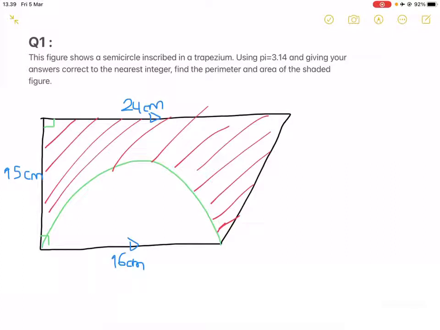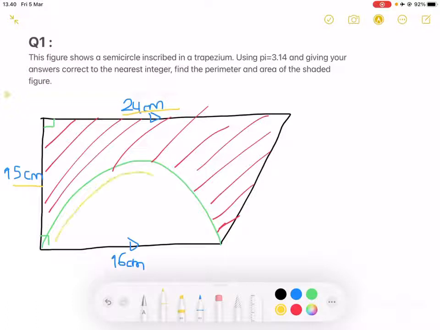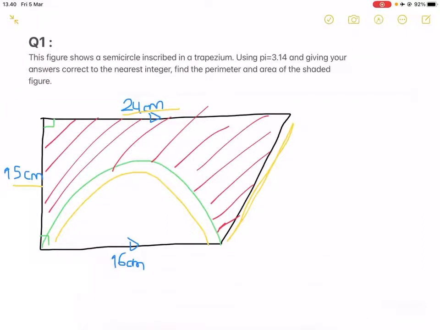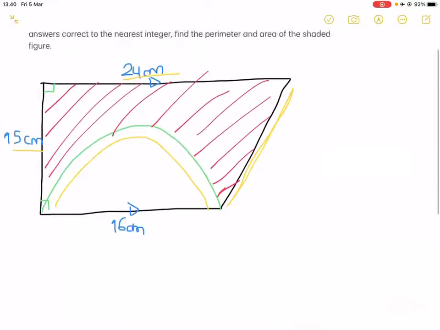So let's start off with perimeter. The perimeter of this shaded area is the sum of all sides that make this figure, which is 24 centimeters plus 15 centimeters plus the length of this arc plus the length of this side. First, it's probably obvious to find the length of the arc.